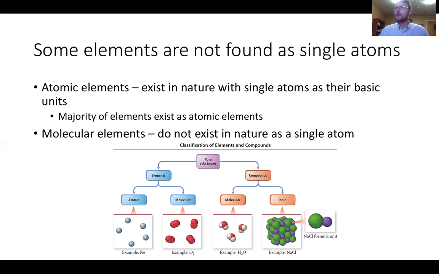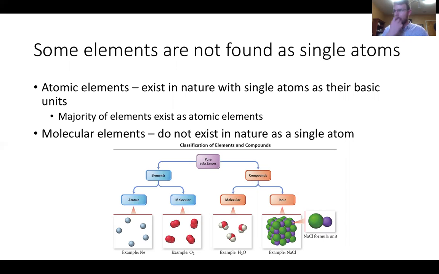So again, pure substances. We can break a pure substance up into either elements, the pure elements you see on the periodic table, or compounds. Compounds are usually more than one element. You either have molecular, which is held by a covalent bond, or ionic, like the sodium chloride we talked about.